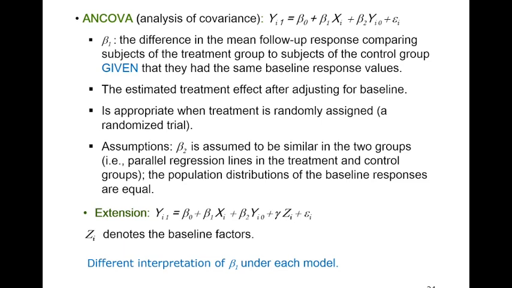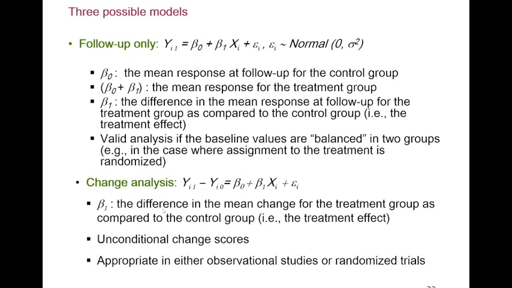Precise means a smaller standard error. That's the benefit you get. If the assumptions are met, you use the ANCOVA analysis to estimate the treatment effect. But if the assumptions are not met, you want to go back to the change analysis.